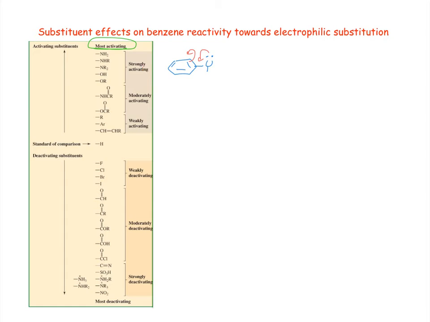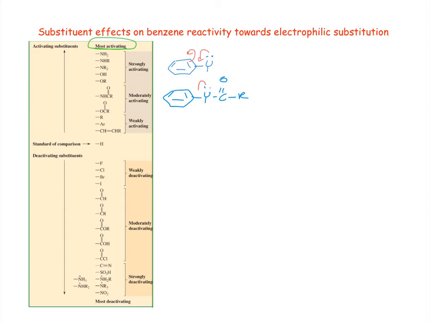The next ones down, the moderately activating, are ones like that amide, where we have this Y group here, but we have another carbonyl on there. So these are like the nitrogen, or it would be an ester if this Y was an oxygen.